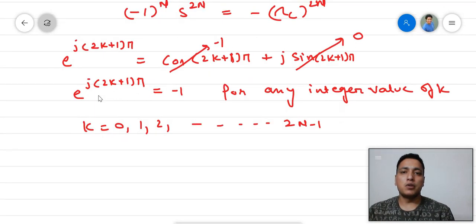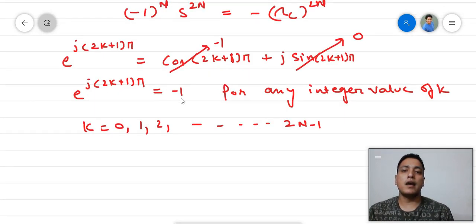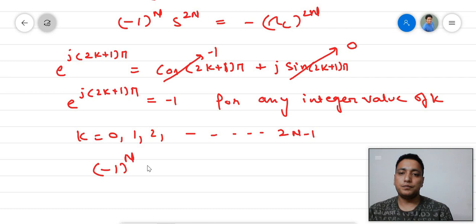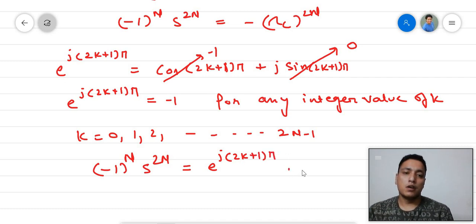So if we substitute exponential j 2k plus 1 pi equals to minus 1 instead of this negative sign, it will give an equation which will look like minus 1 to the power n s to the power 2n equals exponential j 2k plus 1 pi omega c to the power 2n.